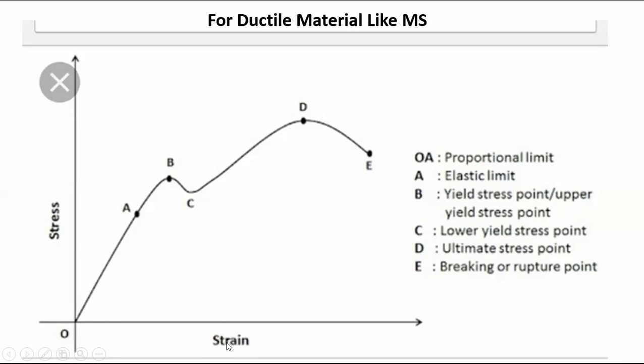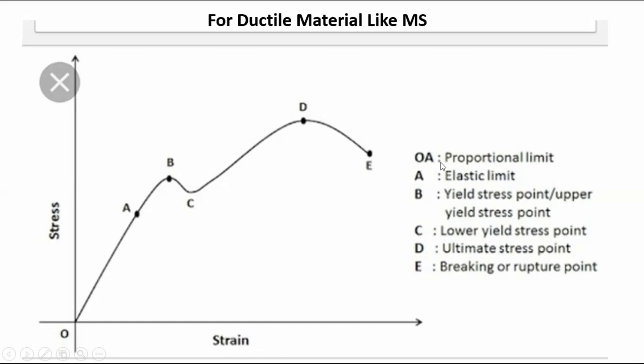Keep in mind, we always keep strain on the x axis, as strain is the independent quantity. You may have studied this in 10th or 12th classes. So we cannot put strain on the y axis and stress on the x axis. Then we will discuss all the points one by one.